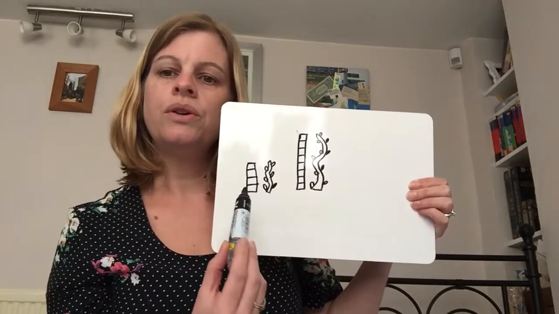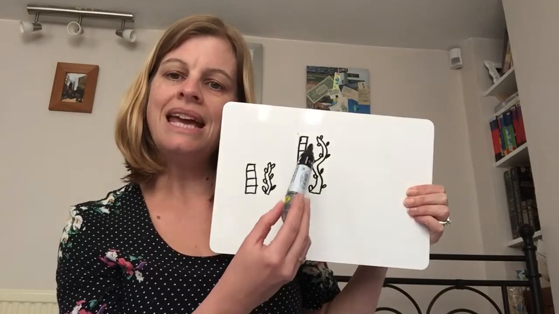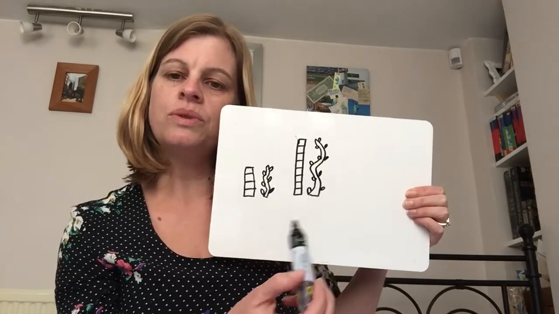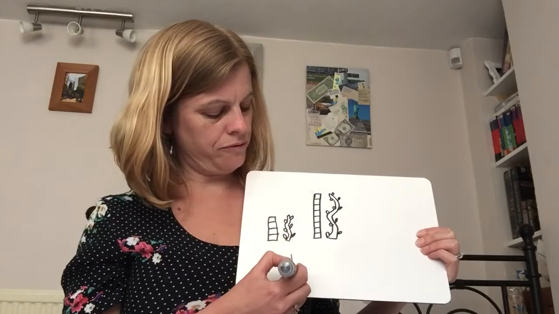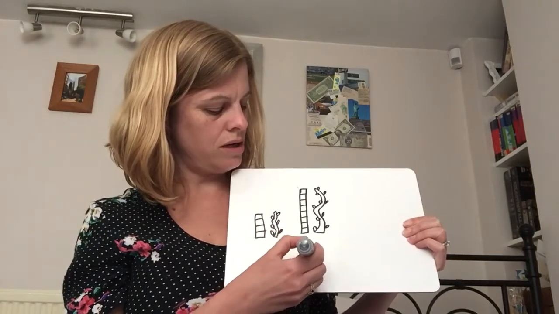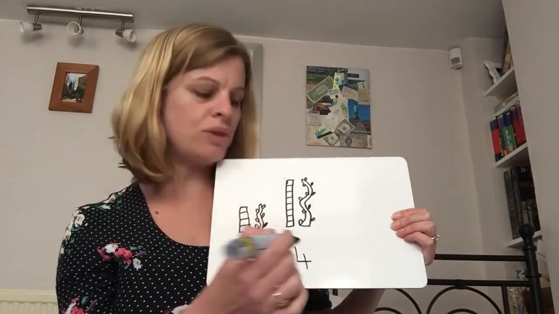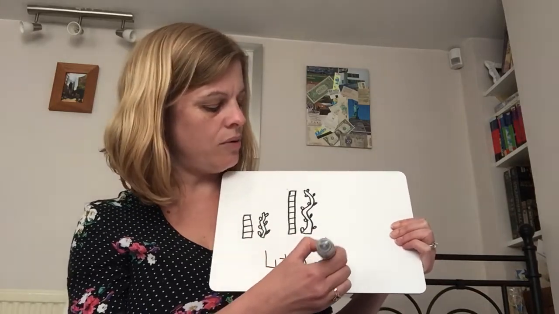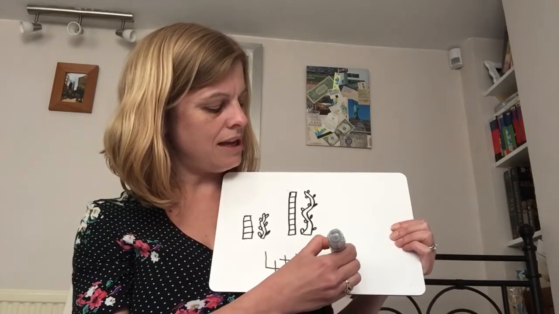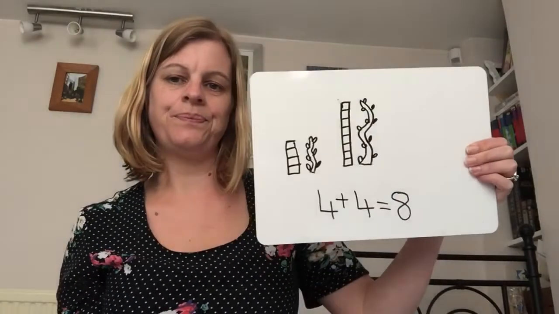So it was 4 blocks high and now it's 8 blocks high, so it's doubled its height. It was 4 blocks high and now it has grown another 4 blocks, so it's doubled in height, and now it equals 8. 4 plus 4 equals 8.